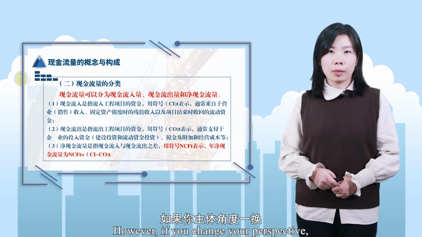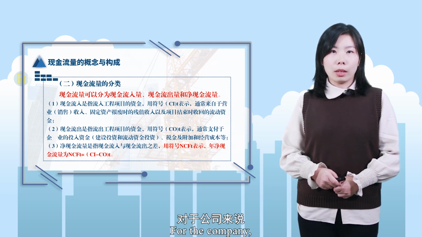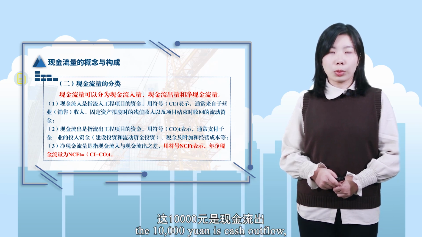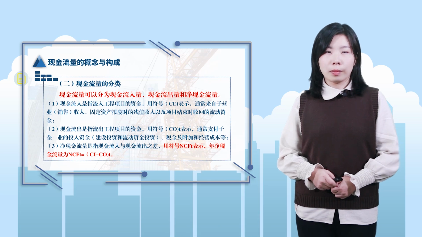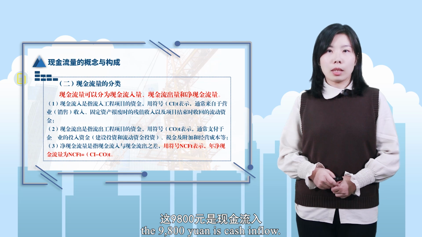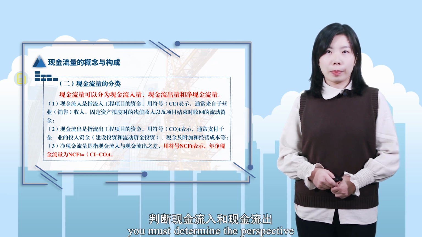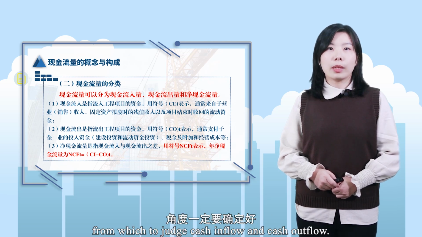However, if you change your perspective, it may not be the same. For the company, the 10,000 yuan is cash outflow, and for your spouse, the 9,800 yuan is cash inflow. Therefore, when evaluating a plan, you must determine the perspective from which to judge cash inflow and cash outflow.